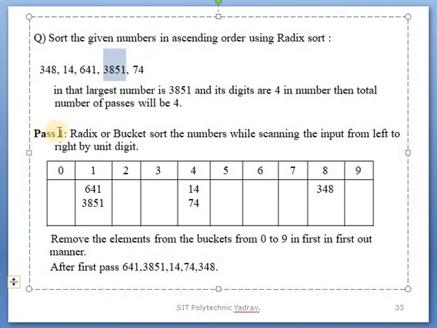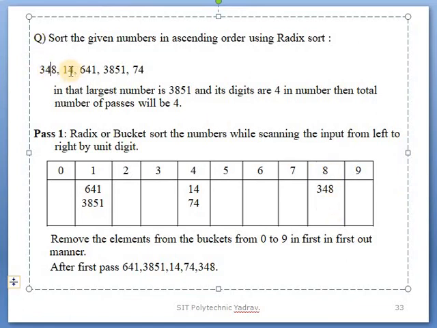Pass 1. Radix or bucket sort the numbers while scanning the input from left to right by unit digit, because our first step is that the numbers will be sorted by the unit digit. First 7474? In 348, 8 is the unit position number, so write in pocket 8.